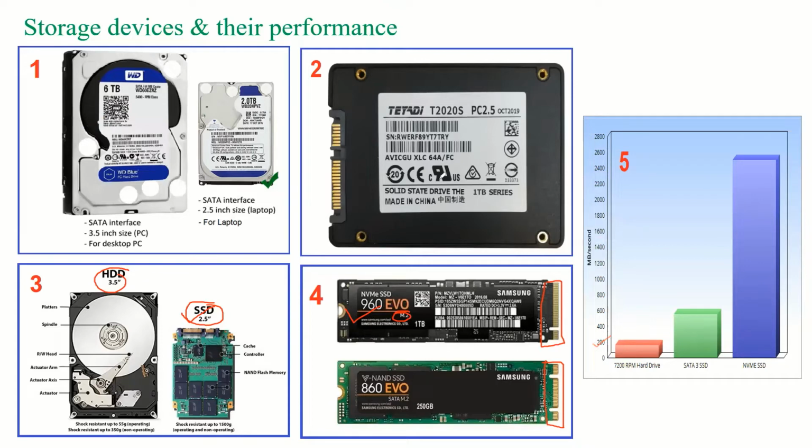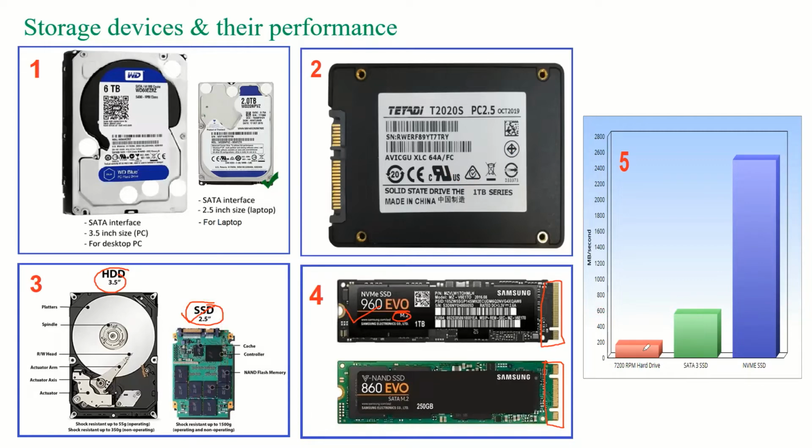Whereas when it comes to this SSD hard drive, the same one we have here, this can work at the speed of 600 Mbps. That means this is much faster than the previous generation hard drives.